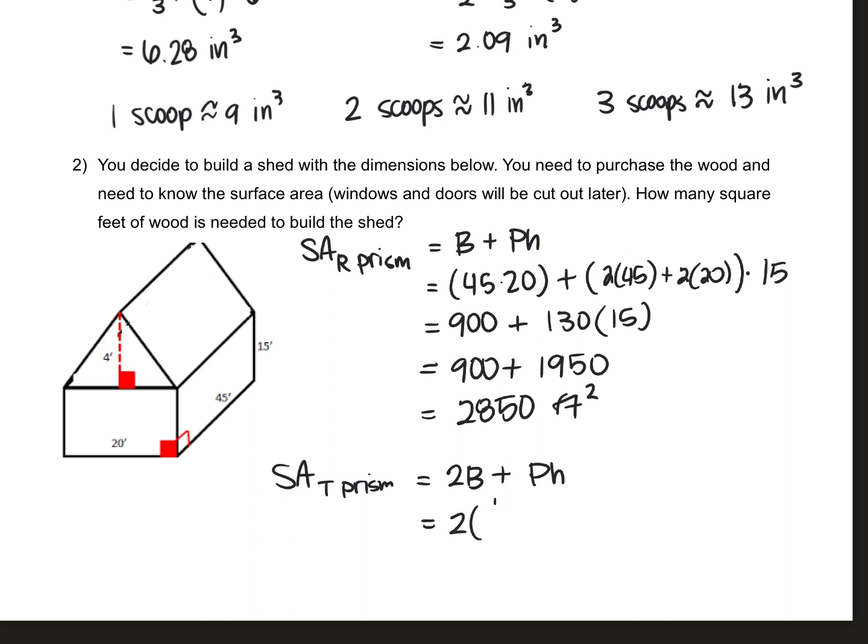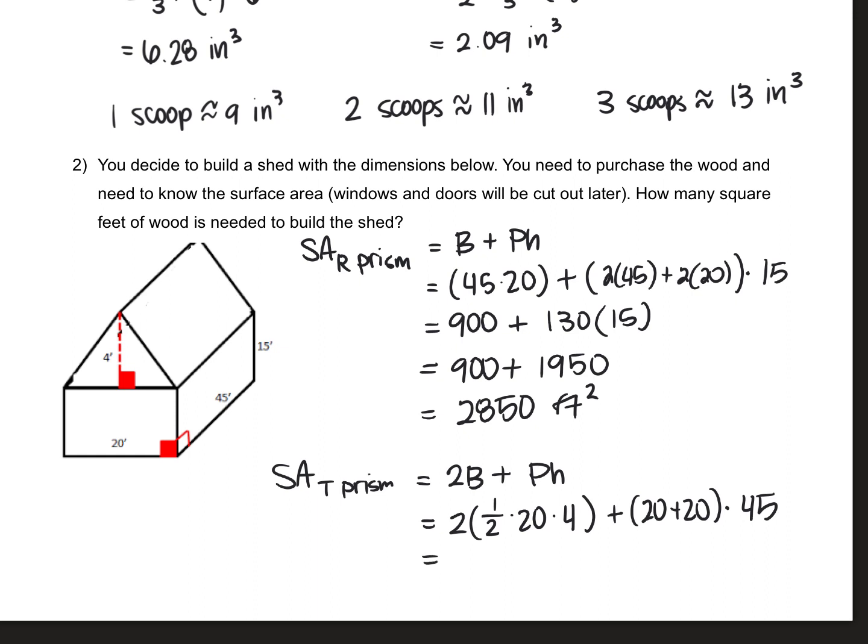So I'm going to do 2 times 1/2 times the base, which is 20, times the height of the triangle, which is 4, plus, now this is an equilateral triangle. So all of our sides are the same. They're going to be that 20 feet. So we're going to have 20 plus 20 times the height, which is 45.